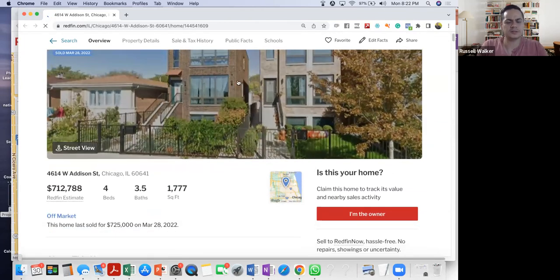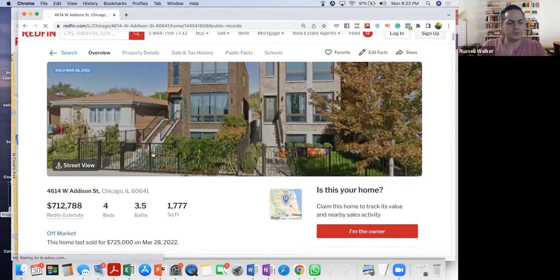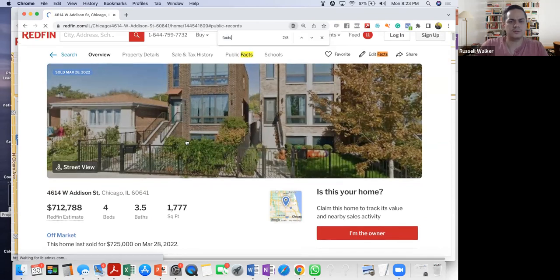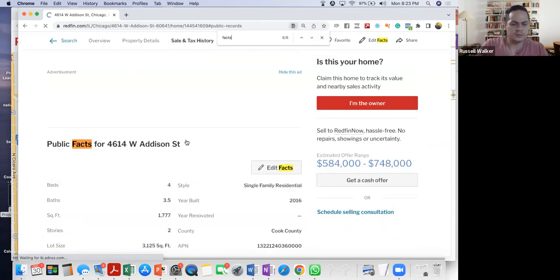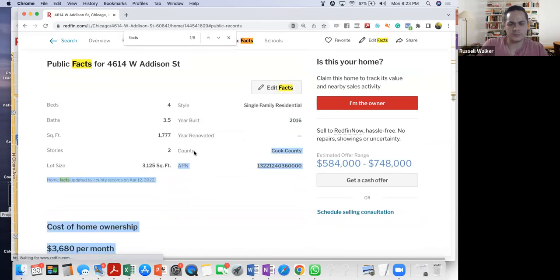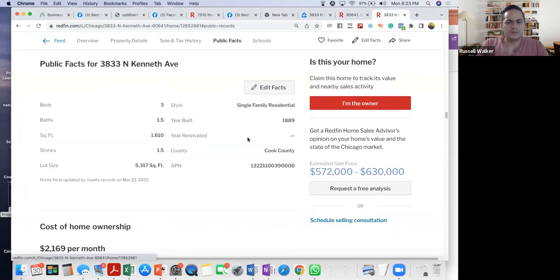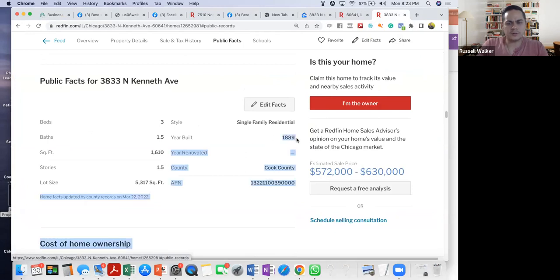This one looks like it could be a new build. How we check that is we go into the public facts and we can see the year built. So we're not going to use this one because it's a brand new building from the last 5 years. If we go to public facts on our property, our property was built in 1890.